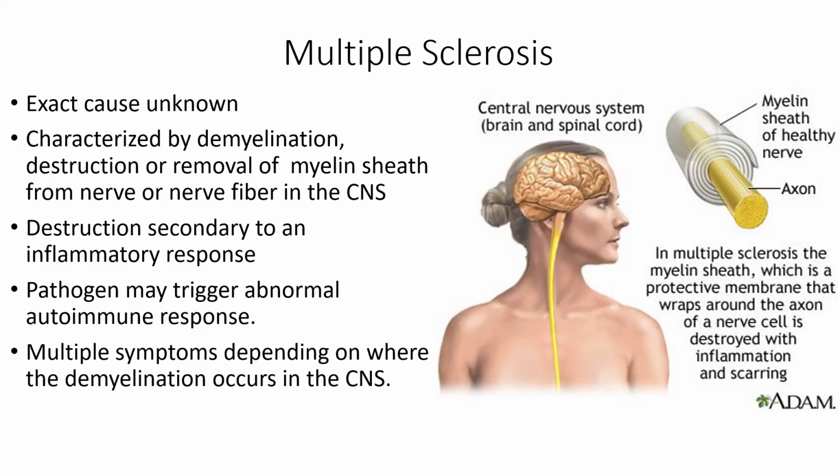Okay, multiple sclerosis, we're not going to spend too much time on this. It's a demyelinating disease of the central nervous system where the myelin is gradually destroyed. We think it's an autoimmune disease.